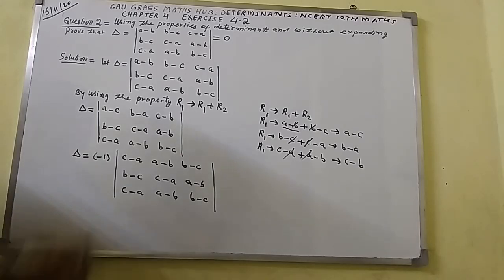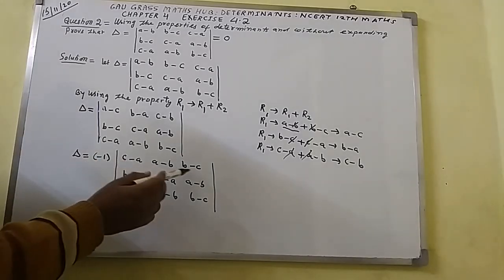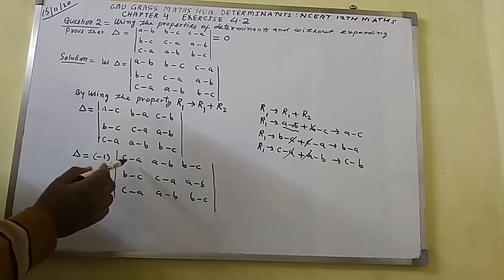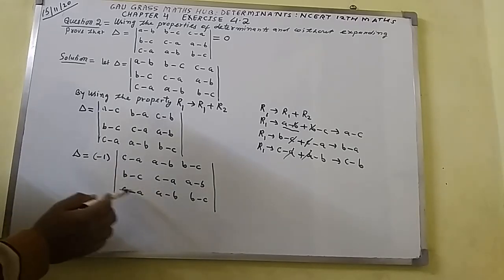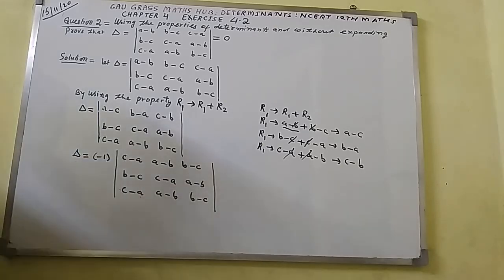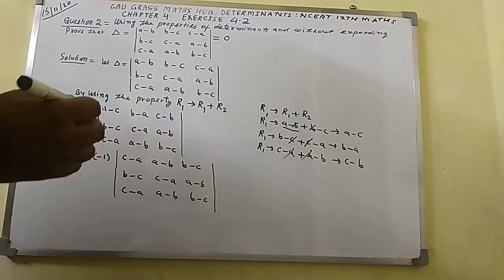Now here you can see the elements of first row and third row. Here you can see C minus A, A minus B, B minus C.